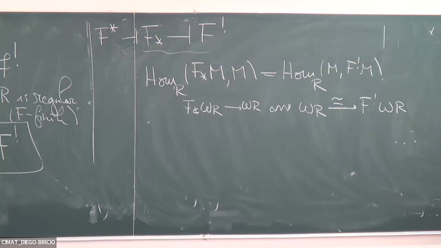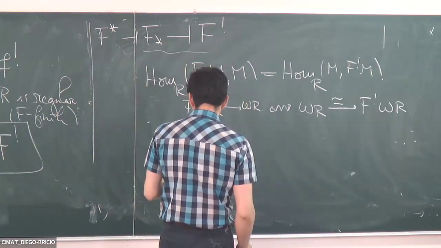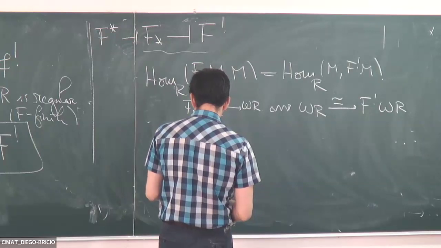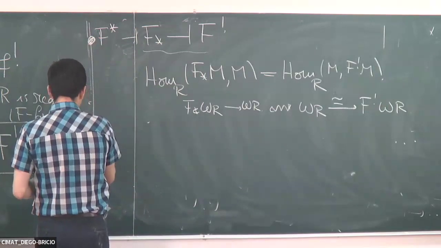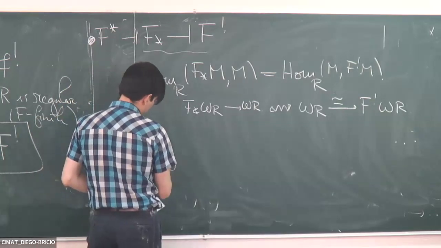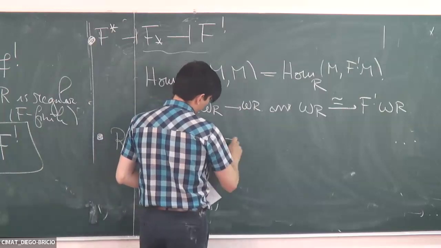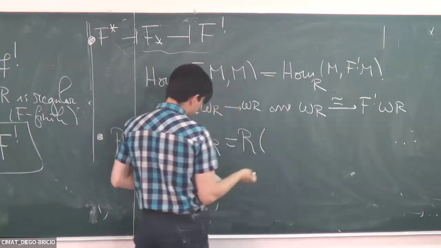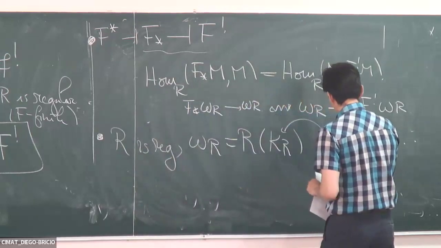Now, what I want to do is to understand what this thing here is. We have done it before, but let's be a bit more explicit. The next remark is that R is regular, right? That's the case in the curve out, and therefore it is Gorenstein. And so we can write the canonical module like this, where this is a Cartier divisor.